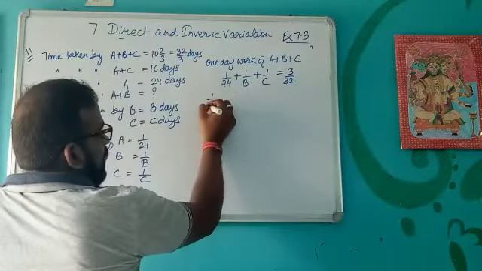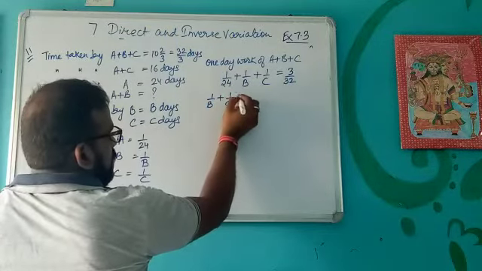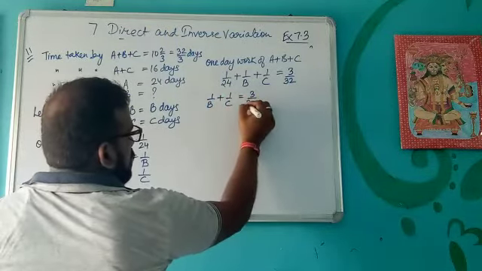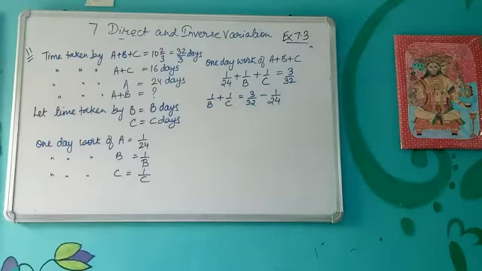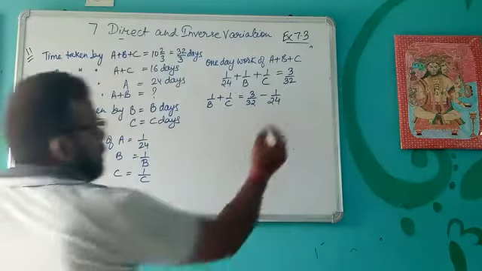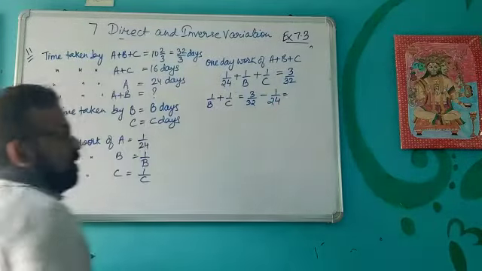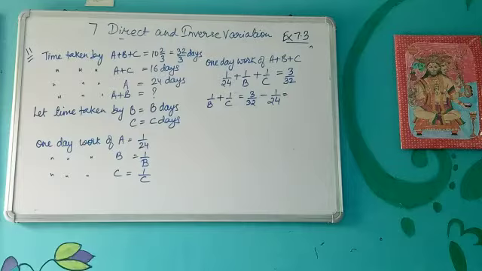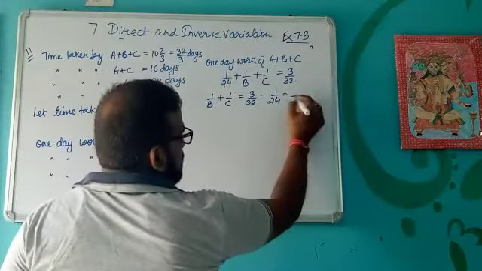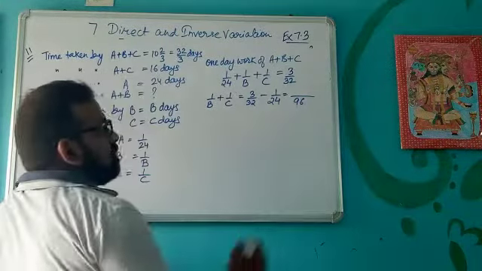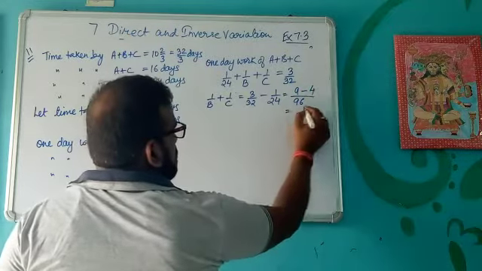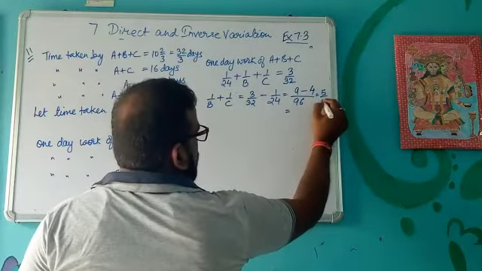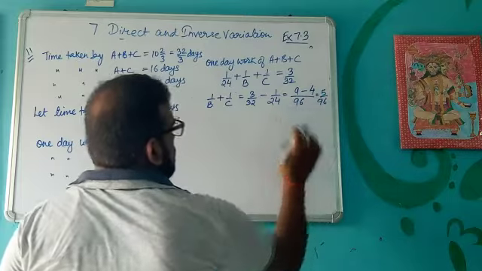So 1 upon B plus 1 upon C will be 3 upon 32 minus 1 upon 24. Okay, so let's take the LCM. LCM will be 96. It is 9 minus 4, that is 5 upon 96.